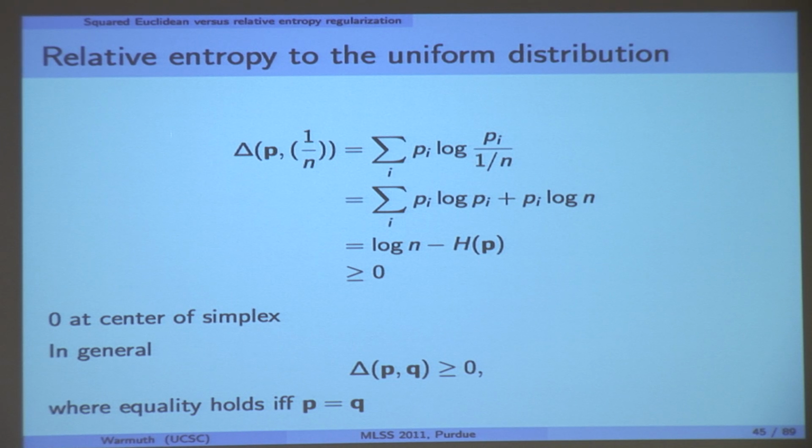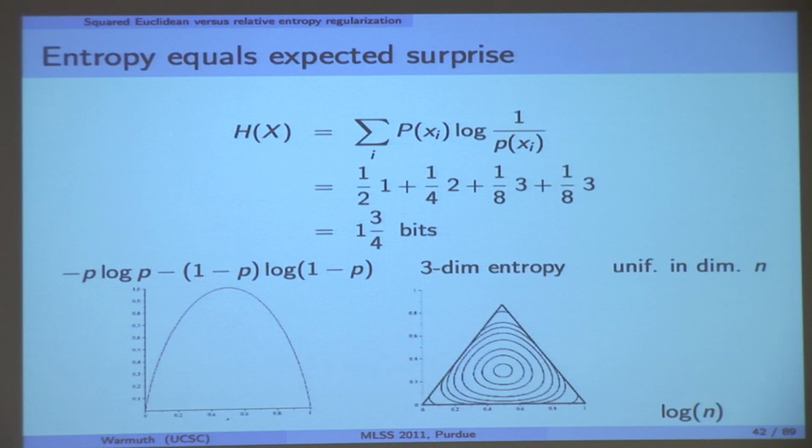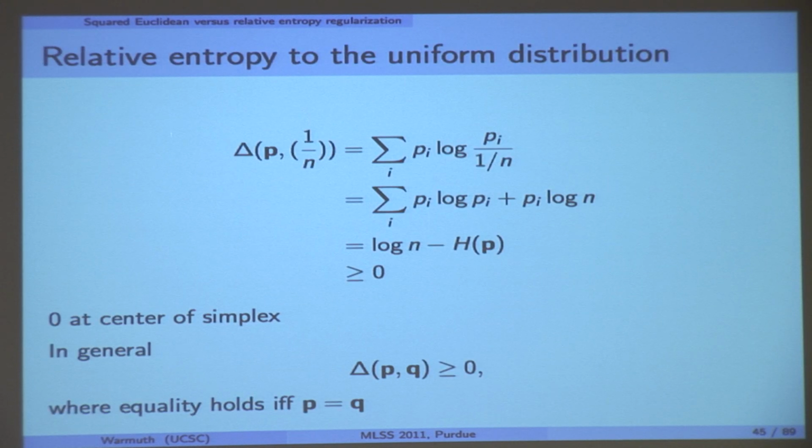Okay, is that clear? If you look at it, I'm going to bring more pictures up in a moment. Okay, here was the entropy. It's a concave function. It's related to the relative entropy to the uniform distribution. Now, since you have a minus here, this is a convex function.